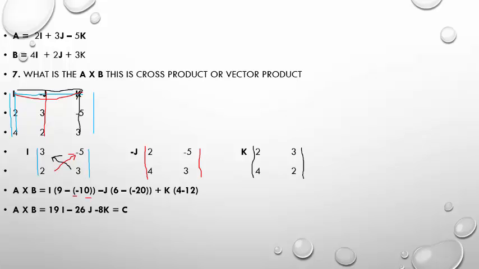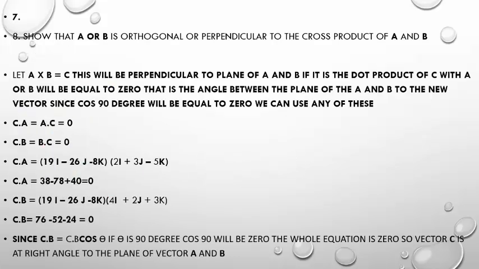Then plus K into 2 times 4 minus 4 times 3. Then our final answer will be 9I minus 26J, then minus 8K. So this is the vector product of A cross B, and our answer is another vector, which is vector C.